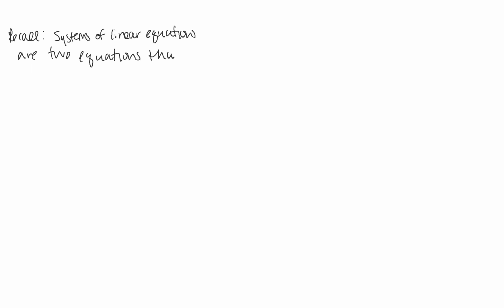So remember, systems of equations, we have 2 equations that we're solving simultaneously, and what we were looking for was the point of intersection. So recall, systems of linear equations are 2 equations that we solve simultaneously.